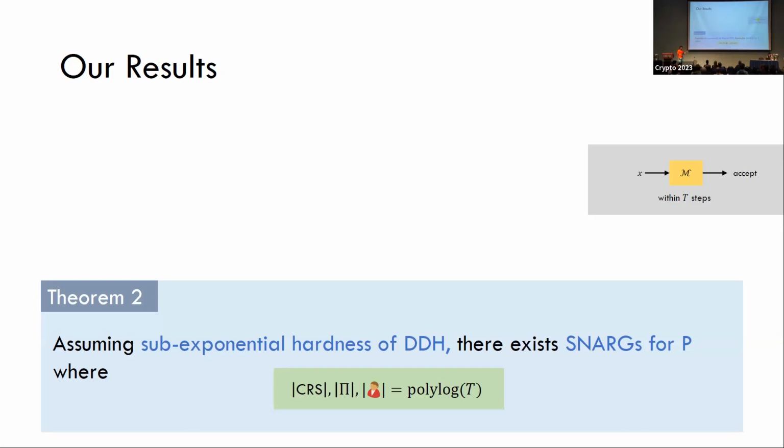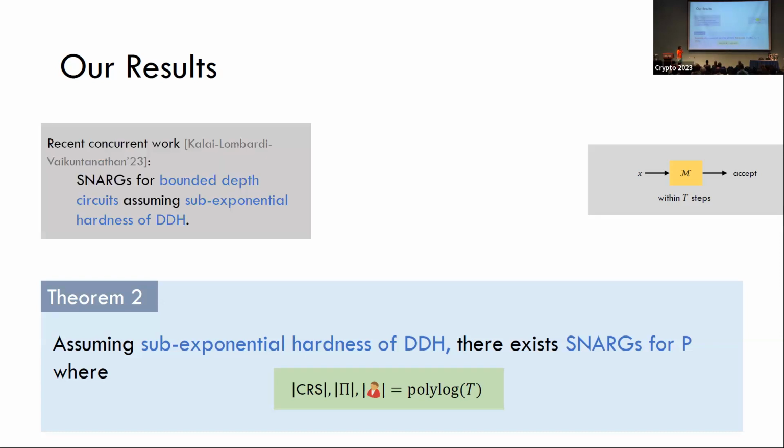Here the proof size and verification time grow polylogarithmically in the number of steps. The only other SNARG that we know from DDH is the concurrent work of Kalai, Lombardi, and Vaikuntanathan, who show SNARGs for bounded depth computation assuming sub-exponential DDH.